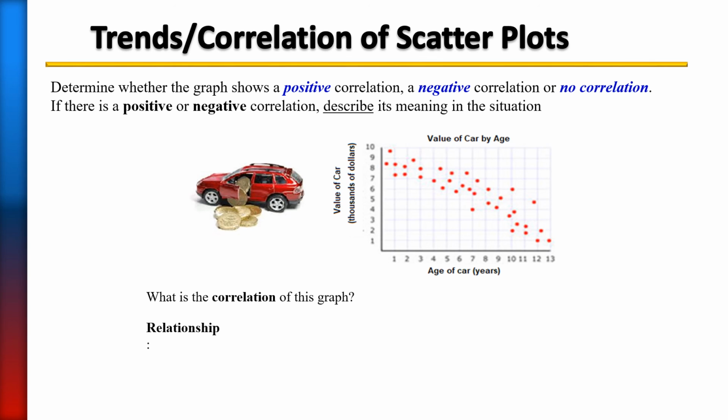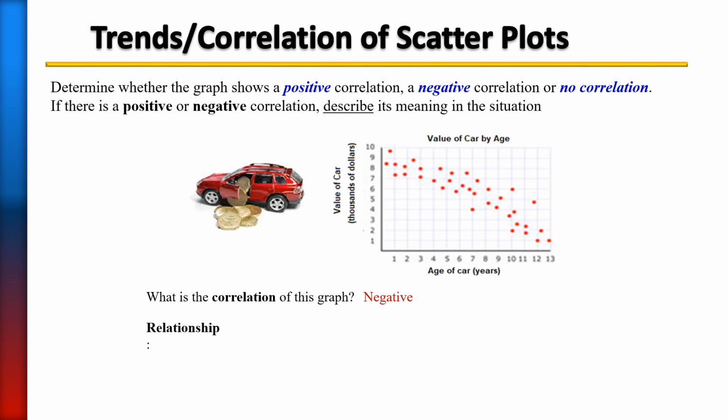And we want to know what kind of relationship it shows. Well, if you take a look at the cluster of dots, notice that it is moving from left to right in a downward motion, which signifies what correlation here? Yes, you got it. It's a negative correlation.